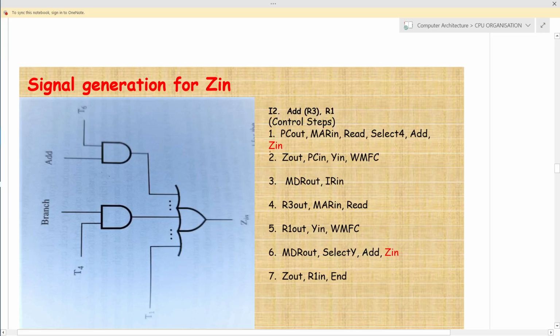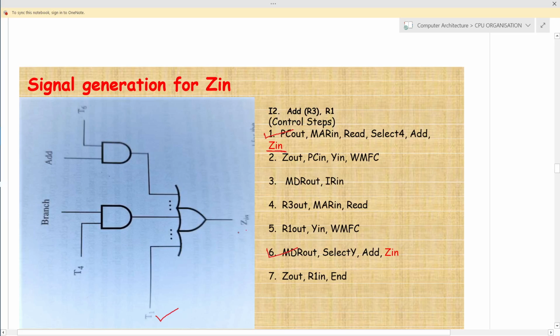We record the Z-in signal in timing unit 1. That means at this timing unit we need the Z-in signal, so Z-in is activated when the timing is 1. At timing unit 6, we need the Z signal along with the add operation, so it is combined with the add operation and the signal is obtained.